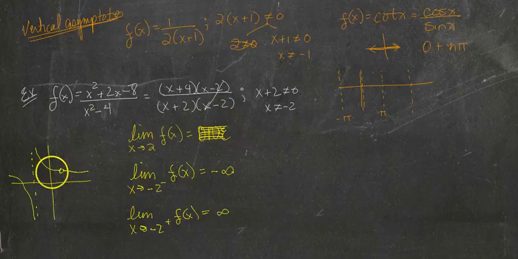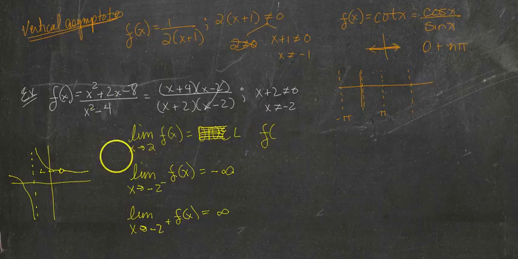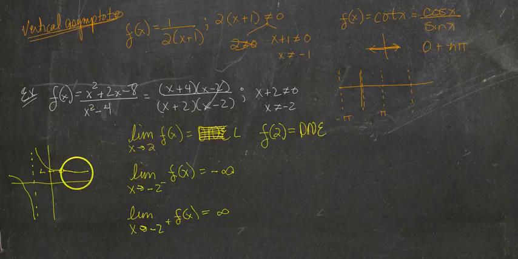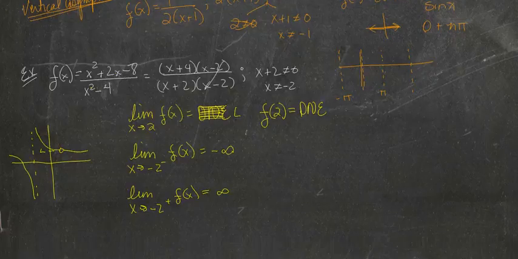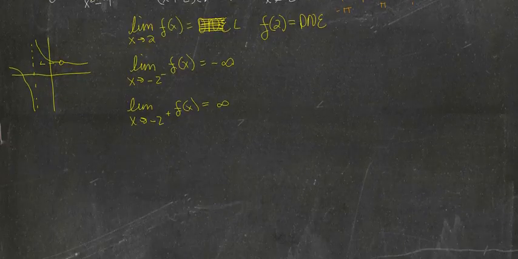So the limit actually exists, let's call it L. But the function of x doesn't exist, or the function of 2 does not exist, because there's a hole in the function, but the limit still points directly at L. So the limit exists.